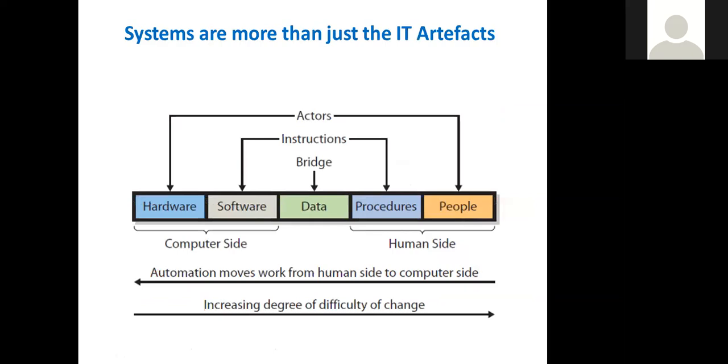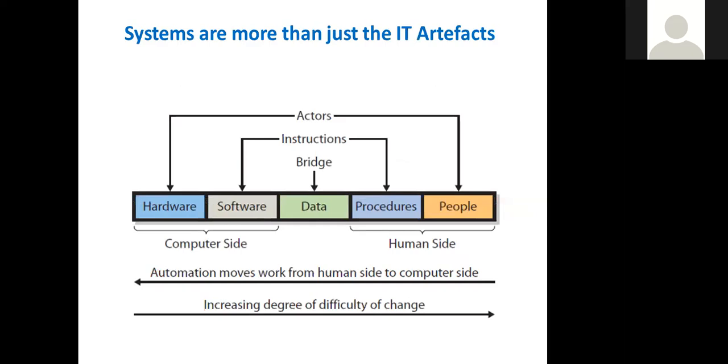To change hardware, it is easy. To change software, it is easy. To change data, really, it's quite difficult to change data because data is whatever you have captured. Changing procedures is quite hard, and changing people is harder.